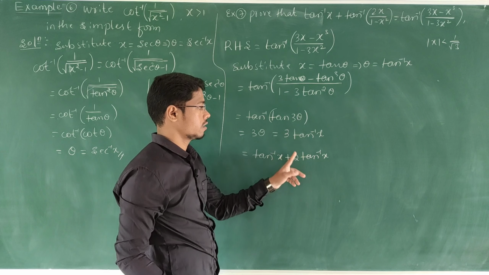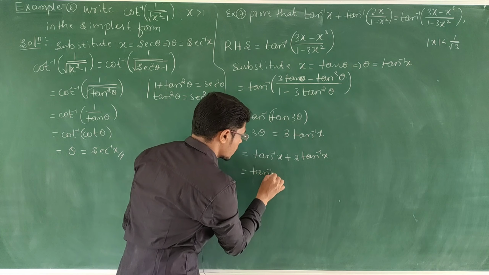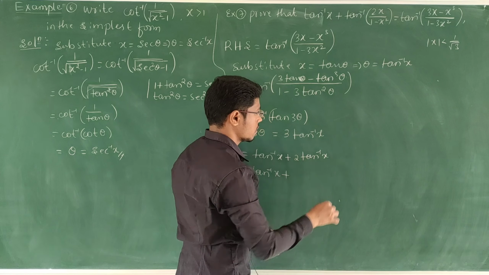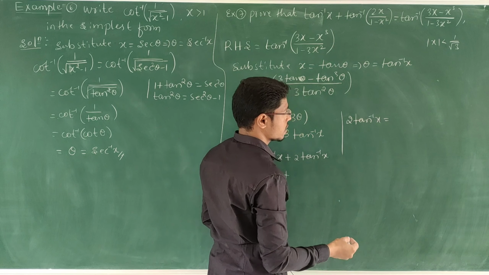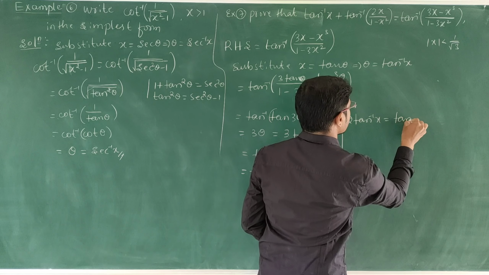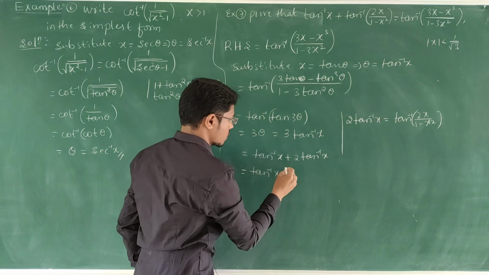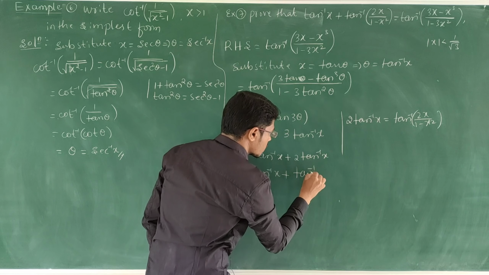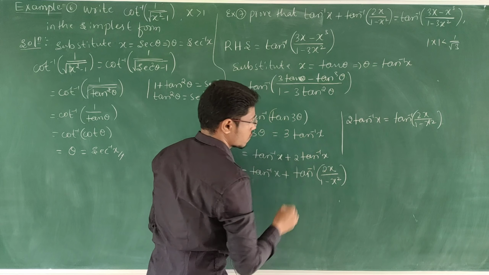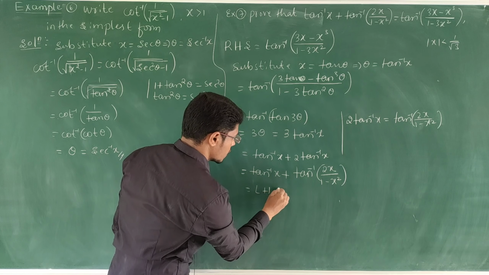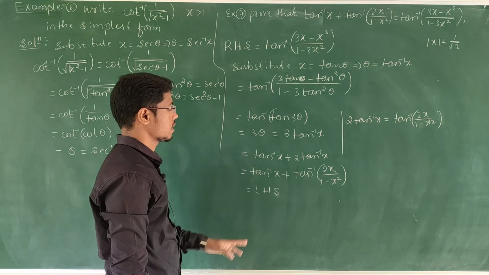Keep tan inverse of x as it is. We learned in yesterday's class that 2 tan inverse of x in terms of tan is tan inverse of 2x divided by 1 minus x square. So this is equal to the LHS, the required result.